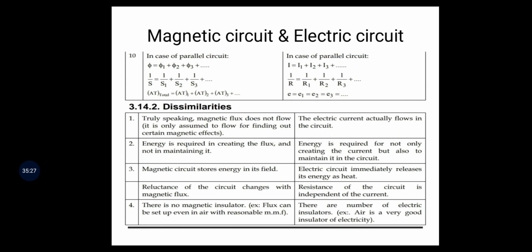Reluctance of the circuit changes with magnetic flux. Resistance of the circuit is independent of the current. There is no magnetic insulator. There are a number of electric insulators.